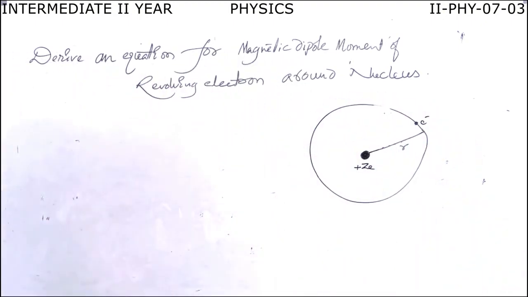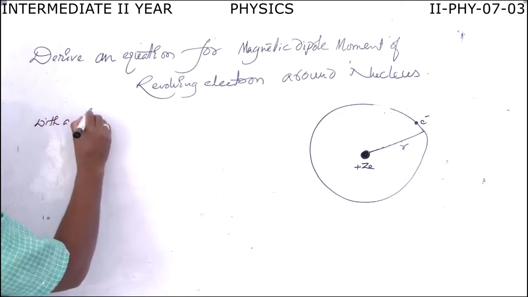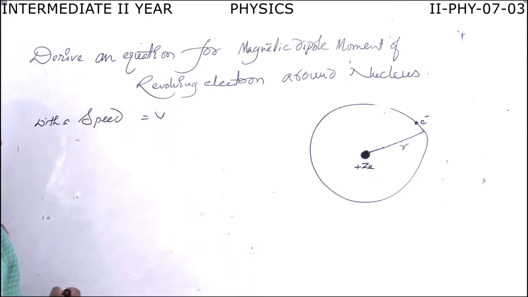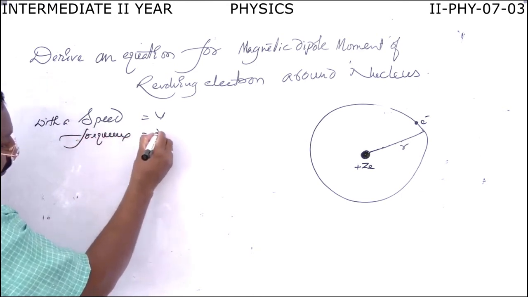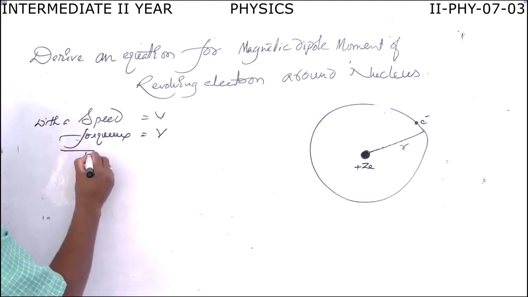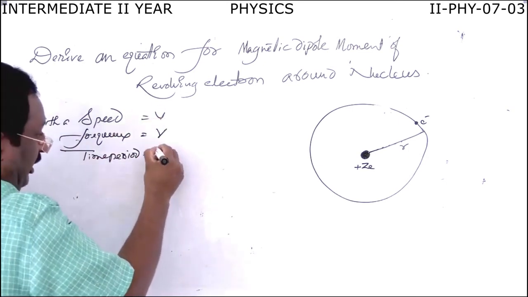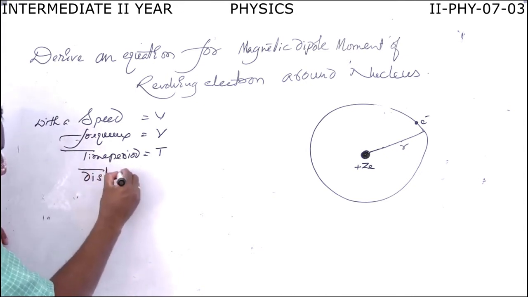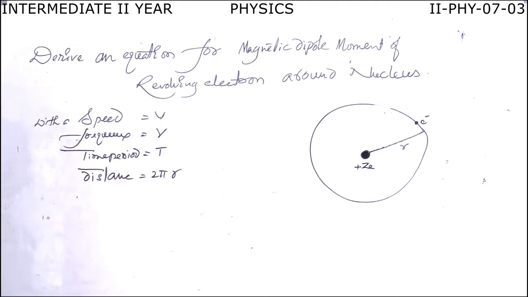The electron is revolving with a speed v, frequency nu, and time period T, the time for the electron to complete one revolution. In each revolution, the distance covered by the electron is 2 pi r. Now we write the current due to the revolving electron.